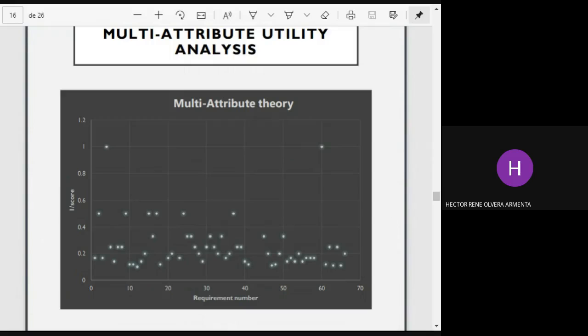As we can see in the graphic, there are two requirements that will be easier for us to achieve than others we could imagine. And when the score in the graphic is closer to 0, it means that it will be harder for us to achieve.